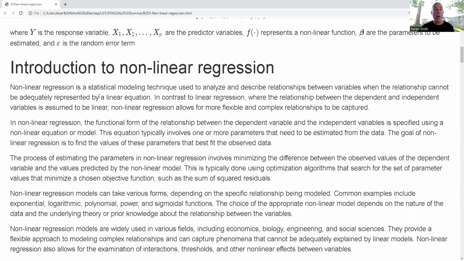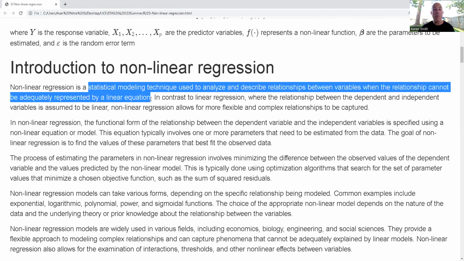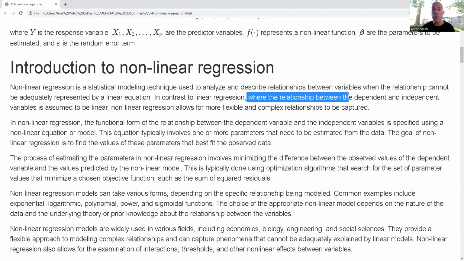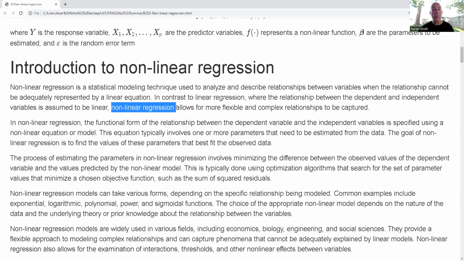All right, so nonlinear regression is a statistical modeling technique used to analyze and describe relationships between variables when the relationship cannot be adequately represented by a linear equation. In contrast to linear regression, where the relationship between the dependent and independent variables is assumed to be linear, nonlinear regression allows for more flexibility and complex relationships to be captured.